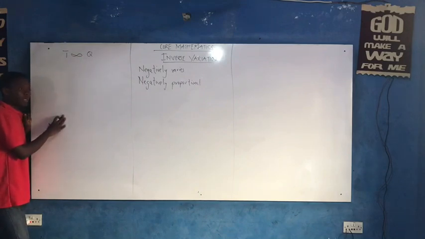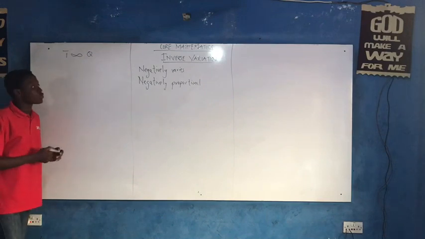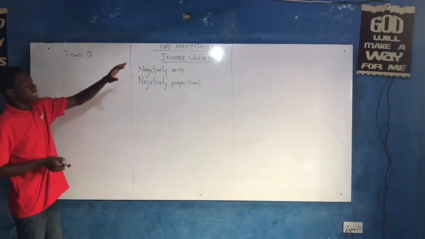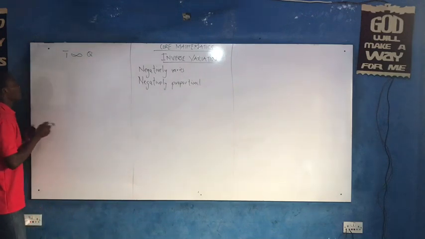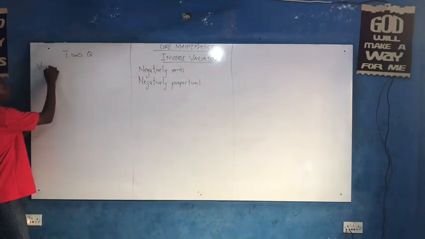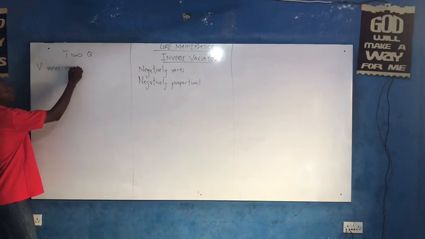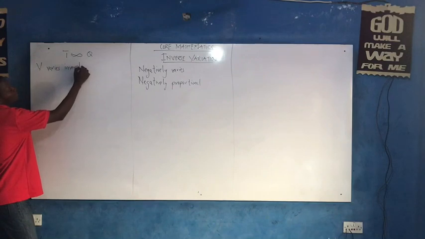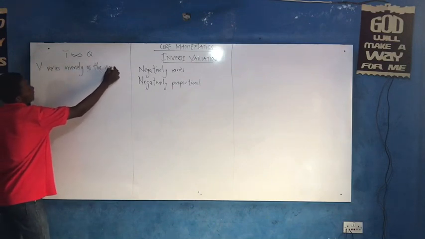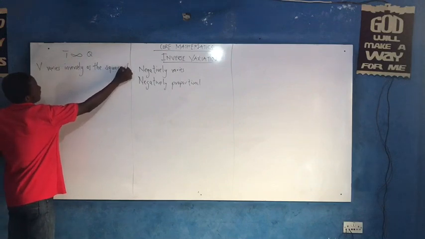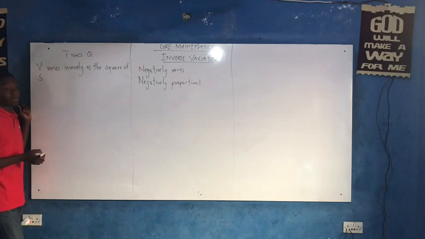But then, how do I put a statement into inverse variation form? Let me write this statement for you. Say that V varies inversely as the square of S. This is a question that we can have.